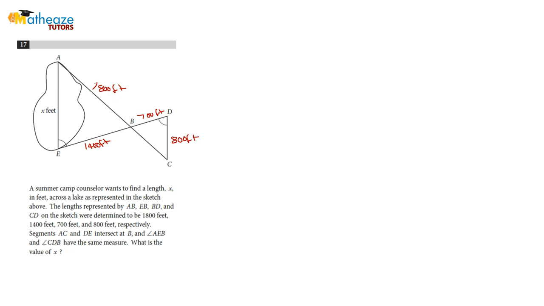So what we can see here is a situation of similar triangles. Triangles BDC and BEA are similar. So what that means is that BD over BE is equal to DC over EA.